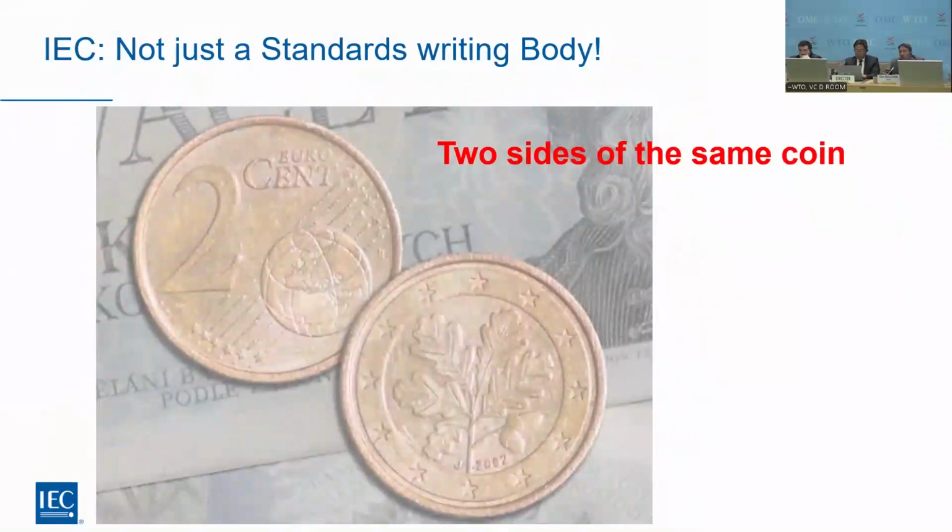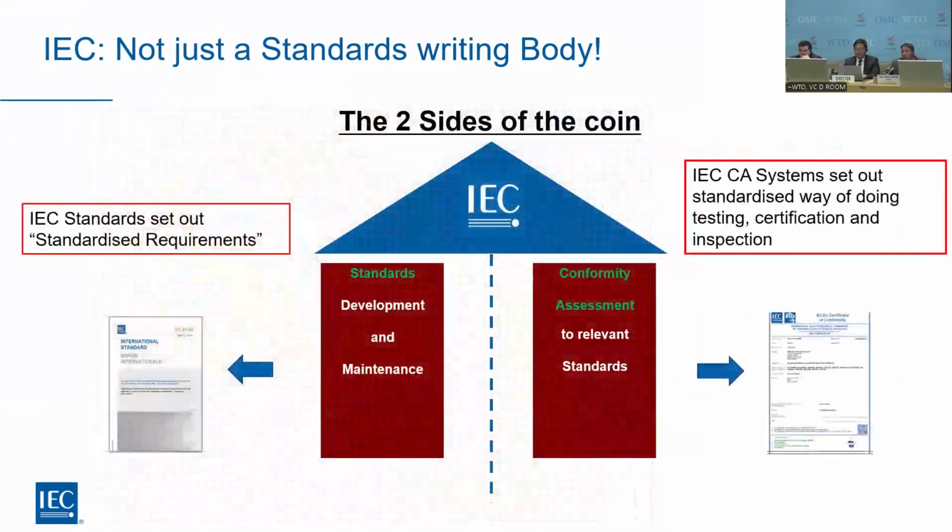as I already said, the IEC is 2 sides of the same coin. We do the standardization, but we also have the conformity assessment systems. So we use international consensus standards to operate our conformity assessment systems.